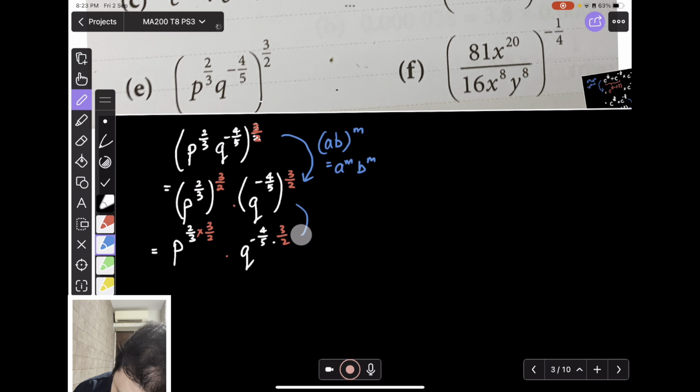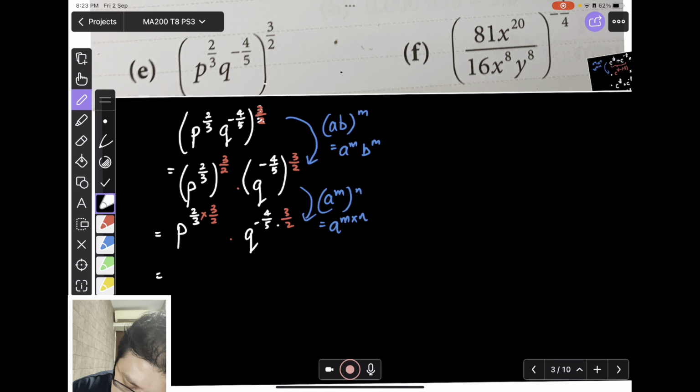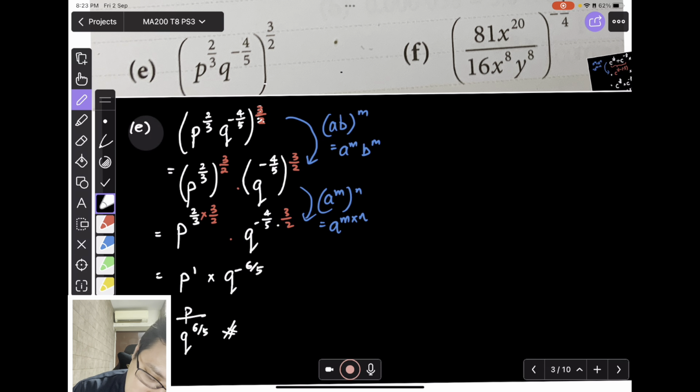Because here, (a to the power m) to the power n is the same as a to the power m times n. So that finally gives me the answer to be p to the power of 1, q to the power of negative 6 over 5. Pushing to positive index, it is p over q to the power 6 over 5. Okay, so that is for part E.